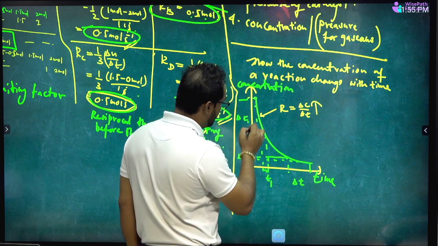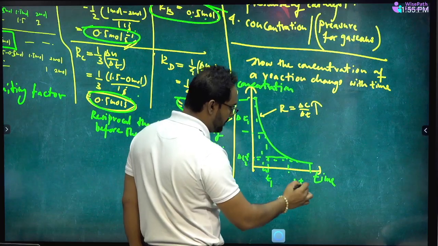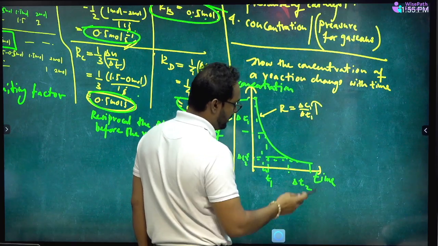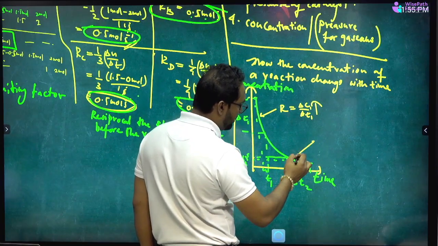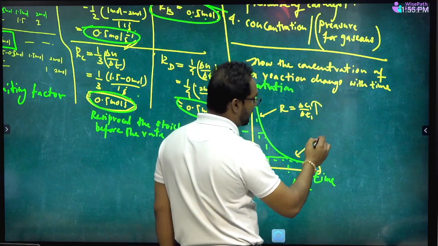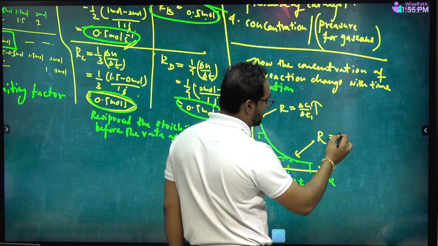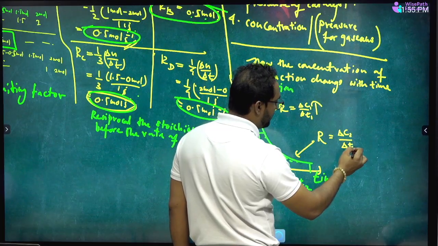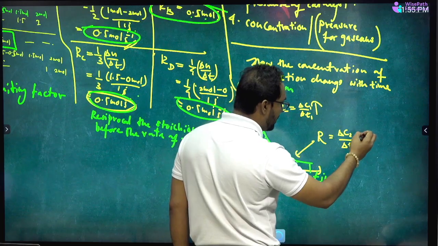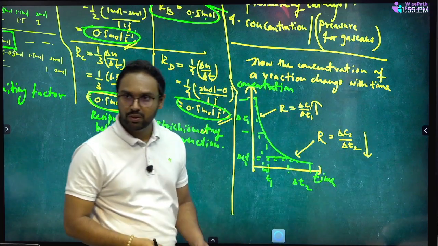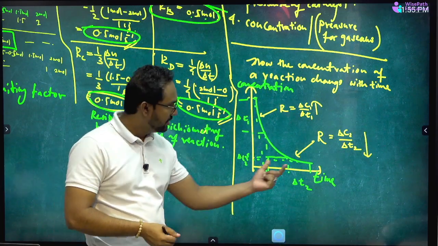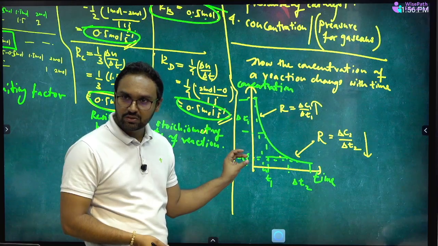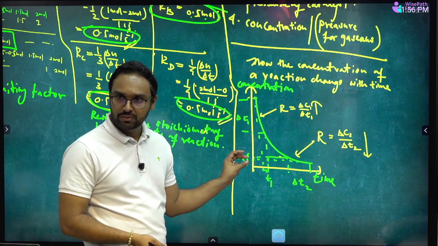T1, T1, T2, T2. If you consider this part, R equals delta C2 over delta T2, which is very low because the time difference is high, but the concentration difference is low, right?